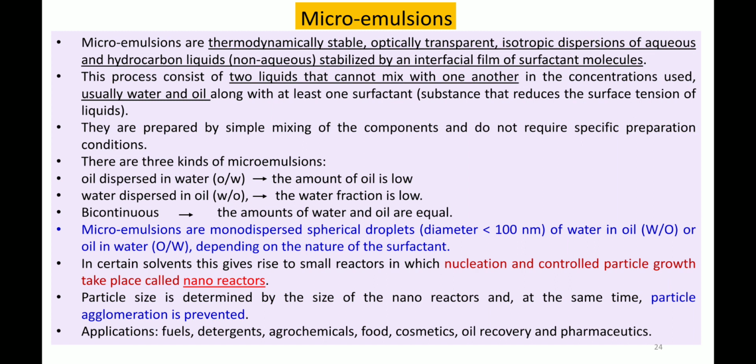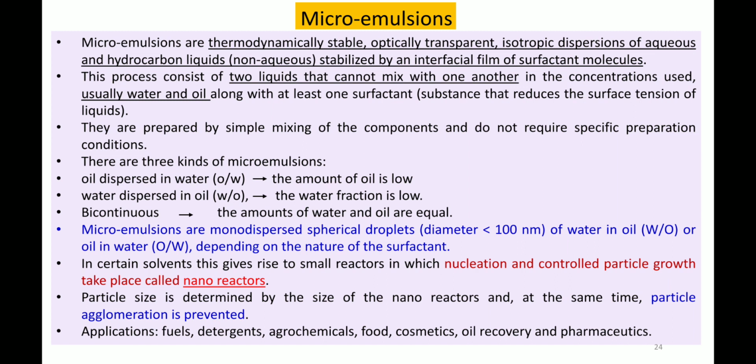So the particle size is determined by the size of the nanoreactors, and at the same time particle agglomeration is prevented. So it has a dual, synergistic advantage of this micelle, because in one sense the size of the particle gets controlled, since the size of the particle will depend upon the size of the nanoreactor.